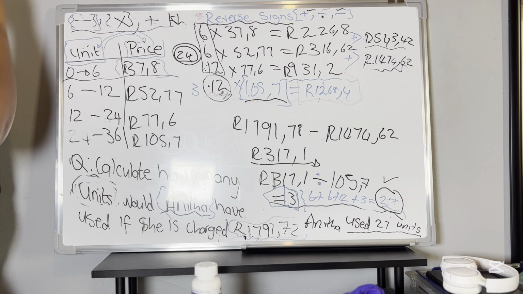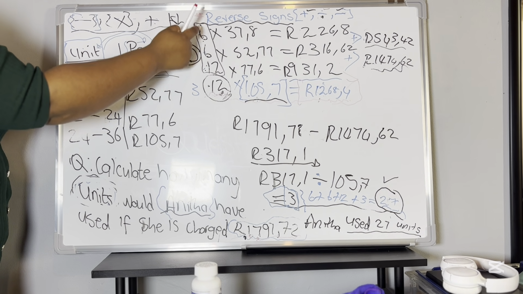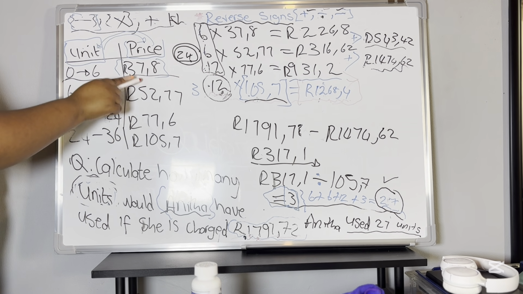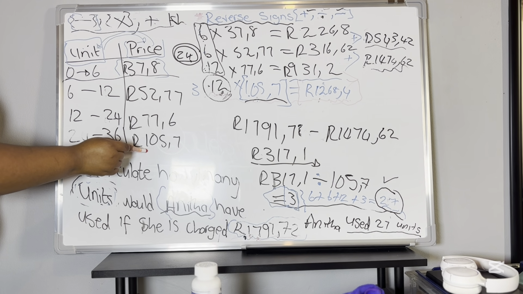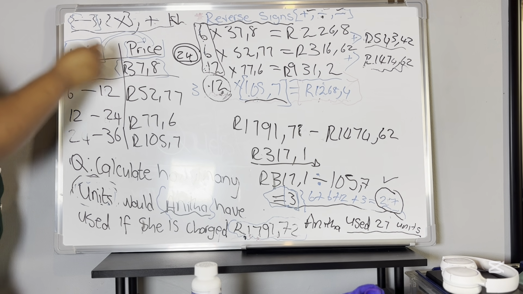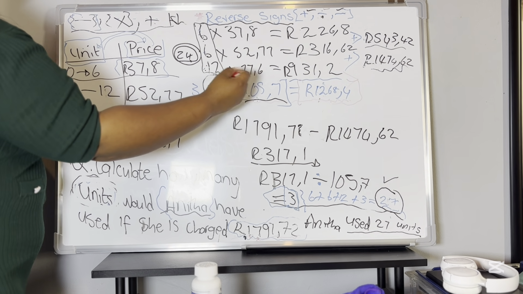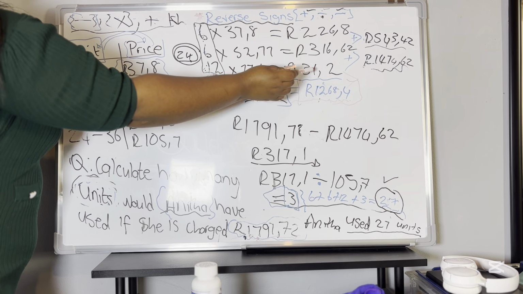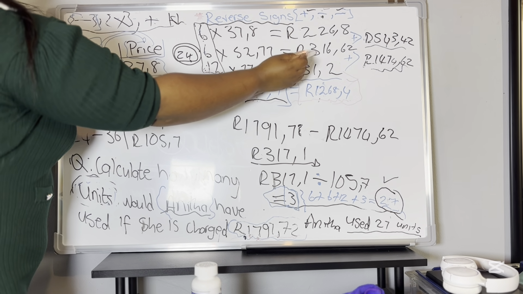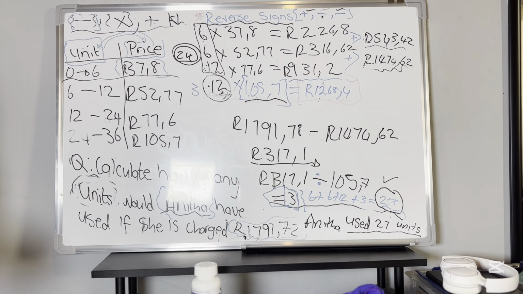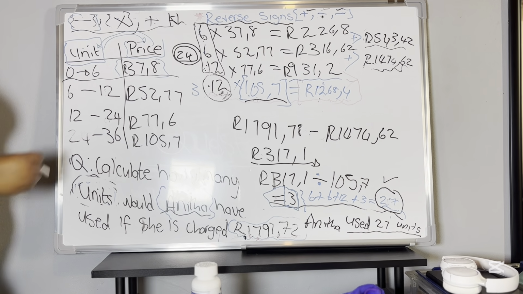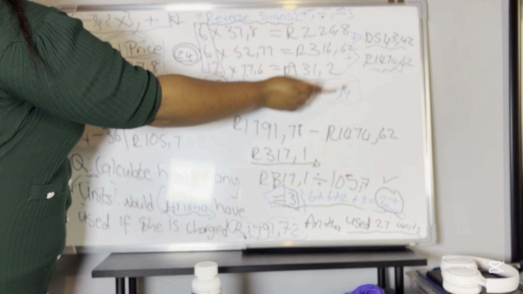You multiply your difference with the prices, which are these prices. These are the prices that we use. And then when we multiply, we get these answers. Then now we move to adding. We're supposed to be adding those answers.